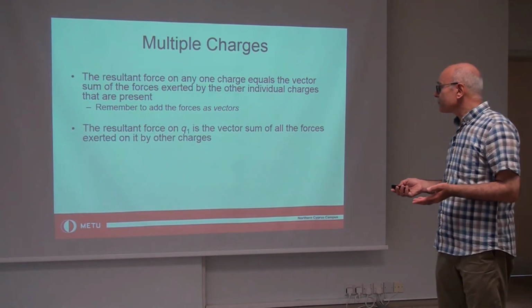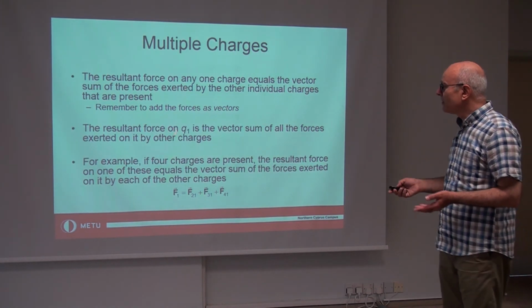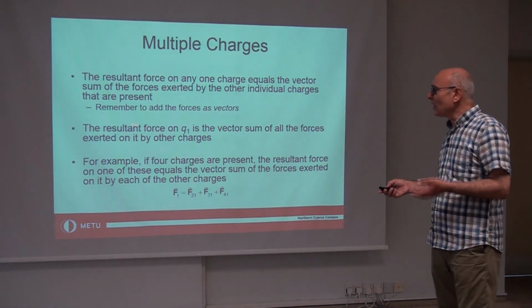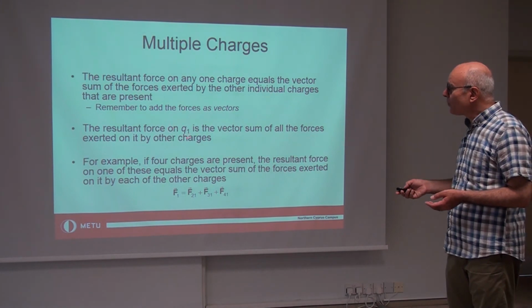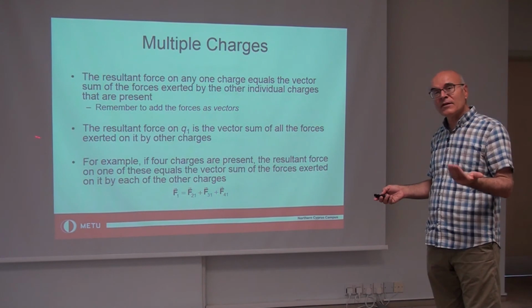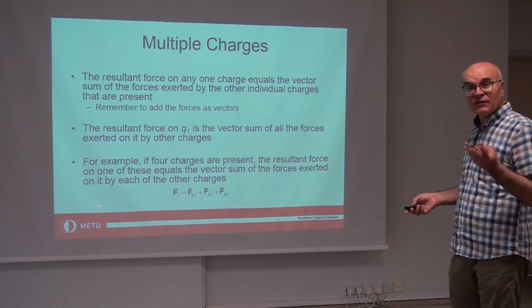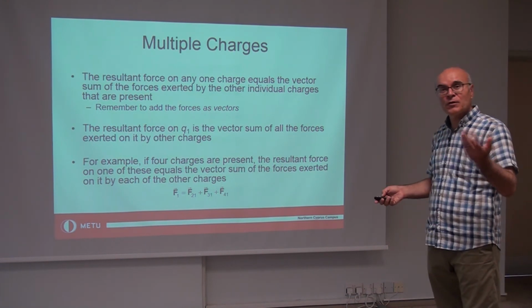So if you have a charge called Q1 and you have more than one charge, then the net force on Q1 is the sum of all the forces by all other charges on Q1. As an example, assume I have four charges, Q1, Q2, Q3, Q4.